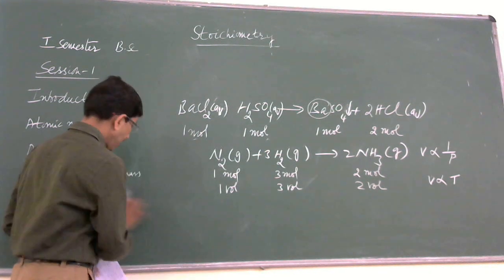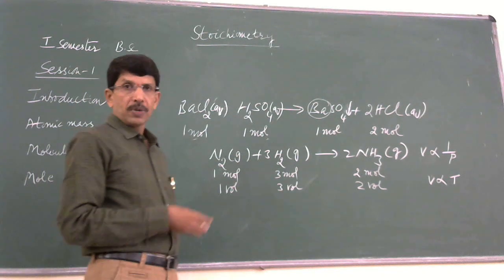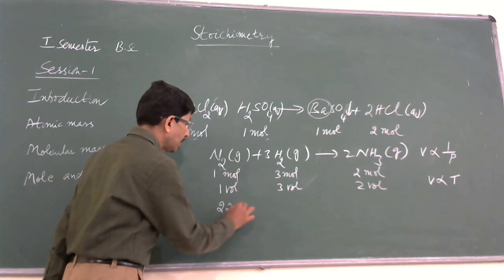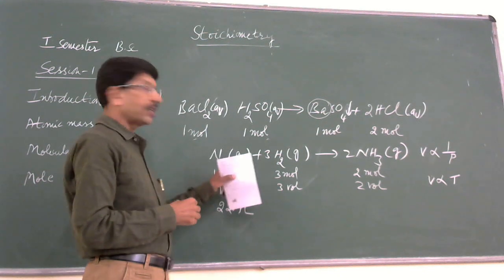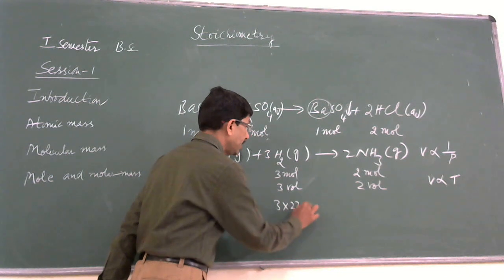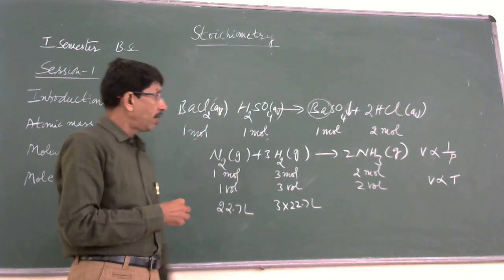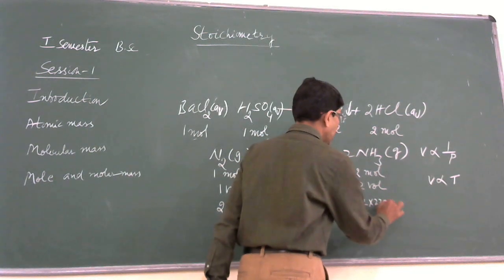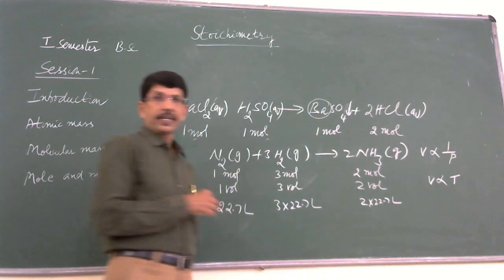Knowing this value, molar volume at standard temperature and pressure, we can also write this in terms of liters. So 22.7 liters of nitrogen react with 3 into 22.7 liters of hydrogen gas to produce 2 into 22.7 liters of ammonia gas.